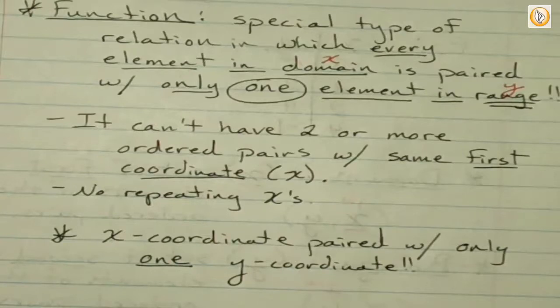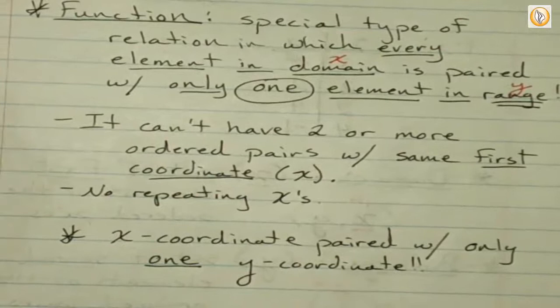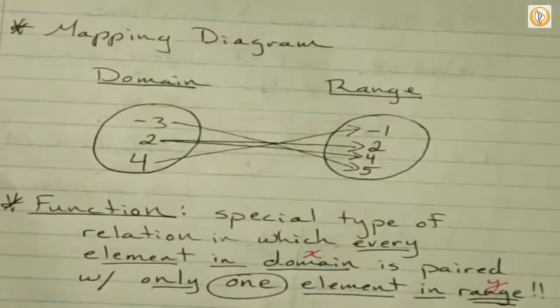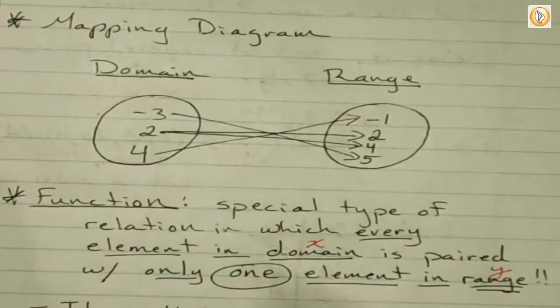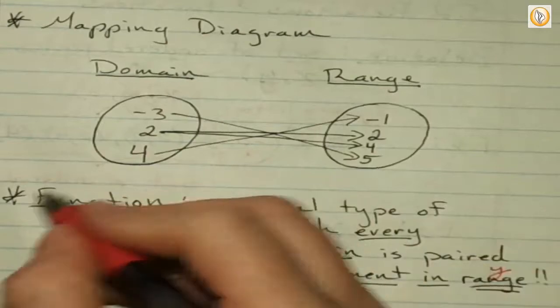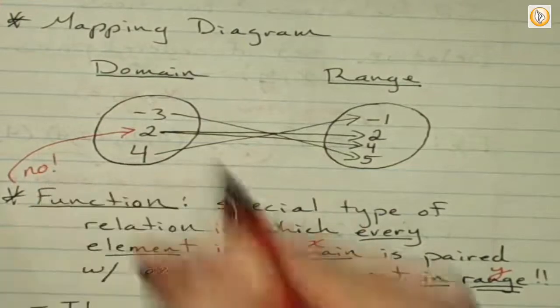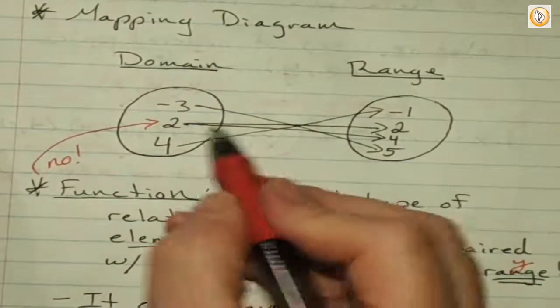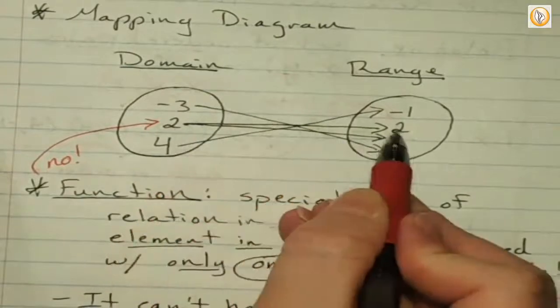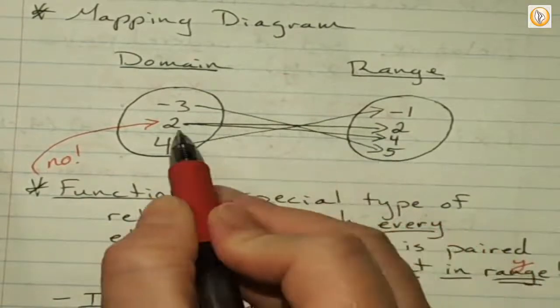When you're done writing, put your pencil down. Okay, so let's look up here. Is this a function? Raise your hand. Taylor? No. Why? Because it has repeating x's. See that 2? That 2 is paired up with the 2 and the 4.